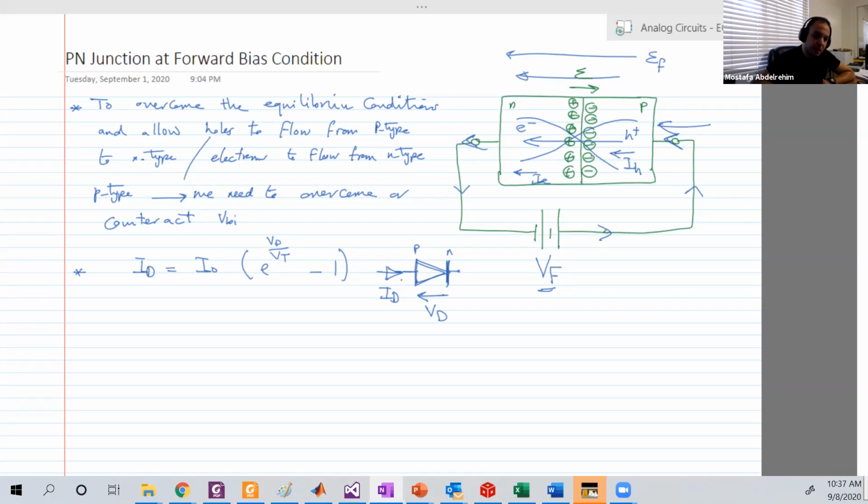Good. And that's the equation that shows the relation between ID and VD. And basically, it's not linear. It's a non-linear relation, and Ohm's law doesn't hold with that guy. Ohm's law is only for resistors, which are linear: ID is equal to VD over R. But here it's not.